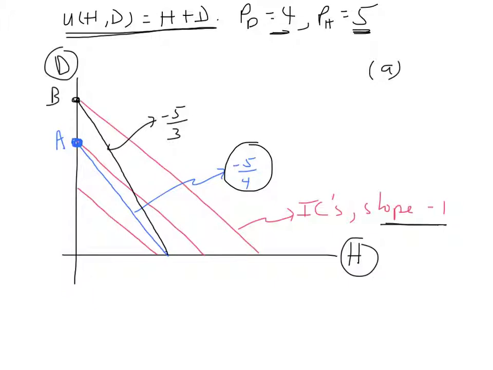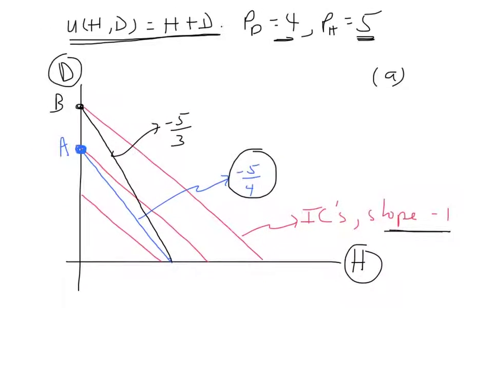Okay, so we're looking at the blue budget to start out with. Because the budget is steeper than the indifference curves, we can see that the best she can do for herself is at the northwest corner, that is at point A, up here, right here.